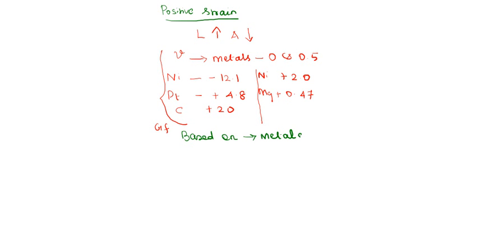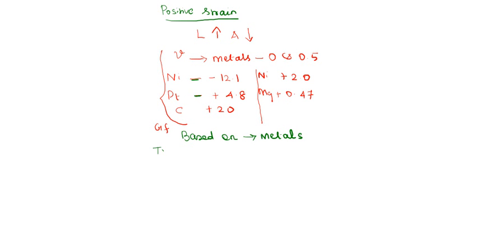Wherever the values are positive, those are positive strain values, and the negative ones are negative strain values. So based on the metal, the gauge factor value is going to vary. Accordingly, we can use them in our applications.